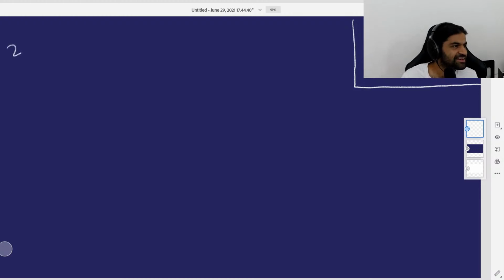Okay, so this is 2004 question B2. Here's what you need to show. So m and n are positive integers.